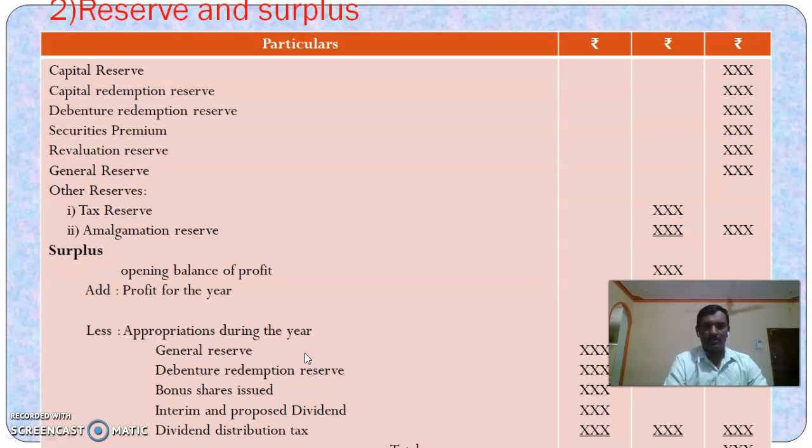So all these are to be subtracted from the total profit, and the balance of surplus is taken to the outer column, and this is to be added with the reserves, and whatever the total arises, that total is recorded under the head reserve and surplus in shareholders funds.